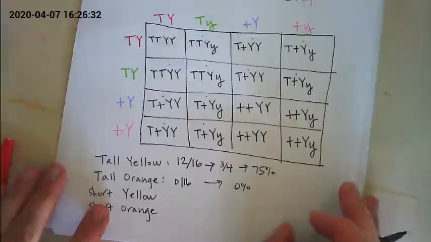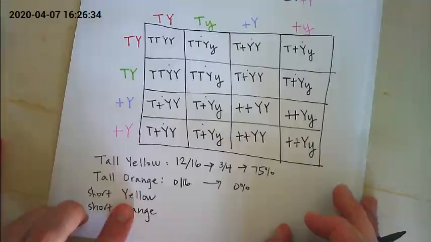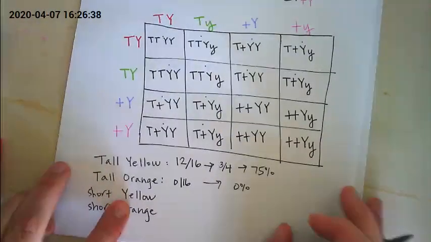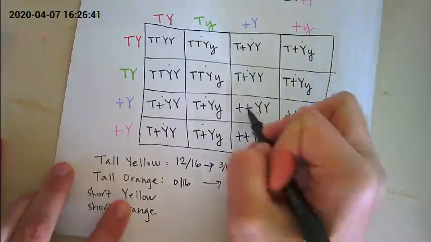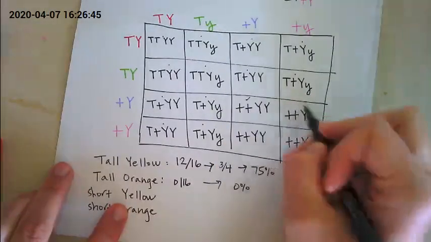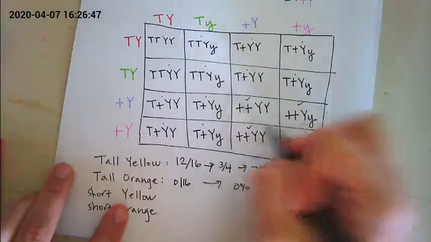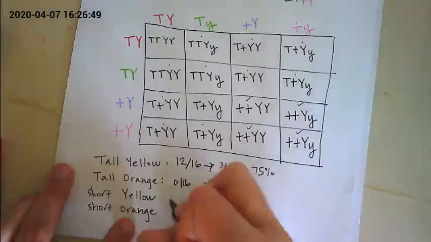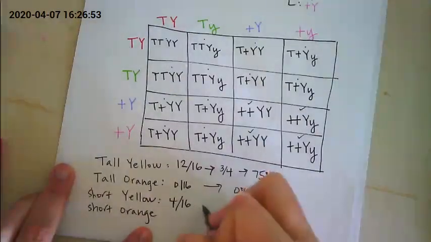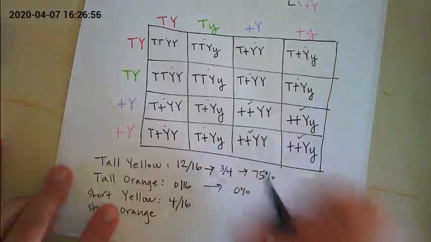Okay, how many plants are short and yellow? So short would have to have lowercase t's, yellow would have to have at least one uppercase y. So we've got lowercase t's, and an uppercase y, lowercase t, uppercase y, lowercase t, uppercase y, lowercase t. Okay, so we got 4 out of 16 are short and yellow.